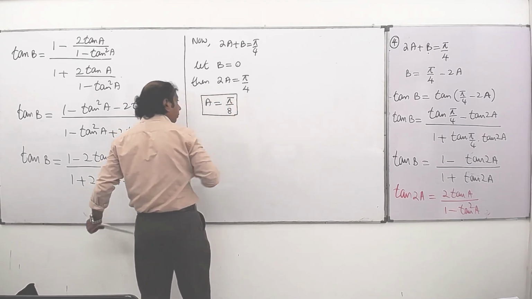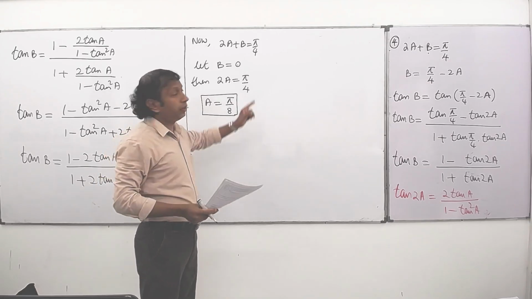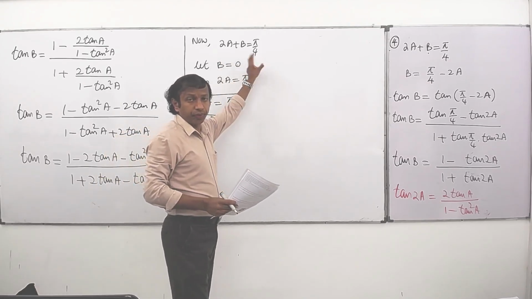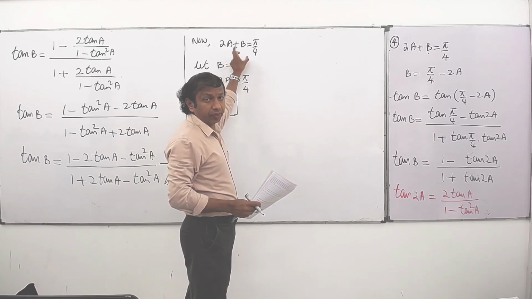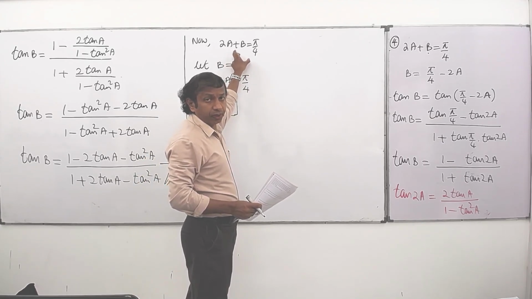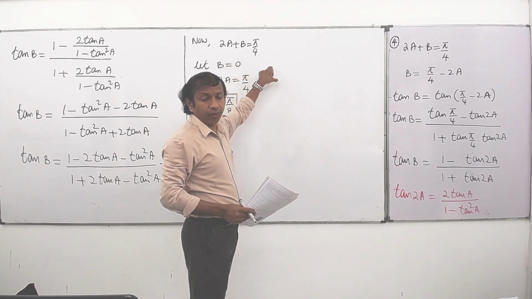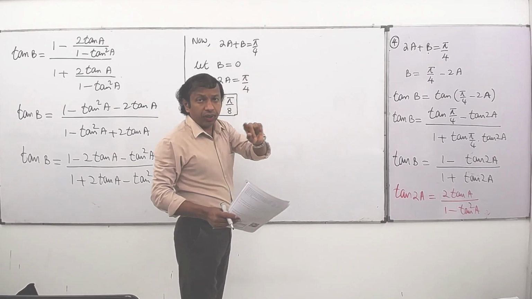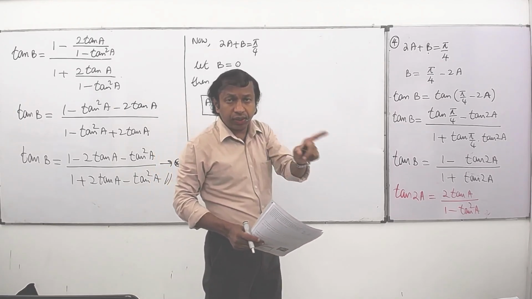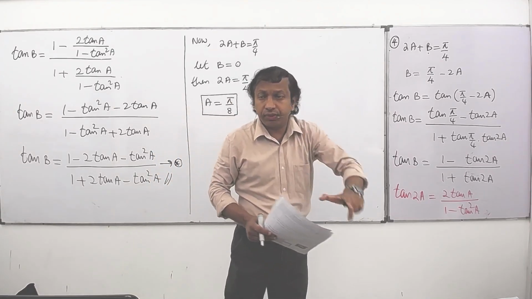Right? Okay. People, here we have a relation between the two angles A and B: 2A plus B is equal to 5 by 4. For the same relation between the angles A and B, the tan relation is given by this.